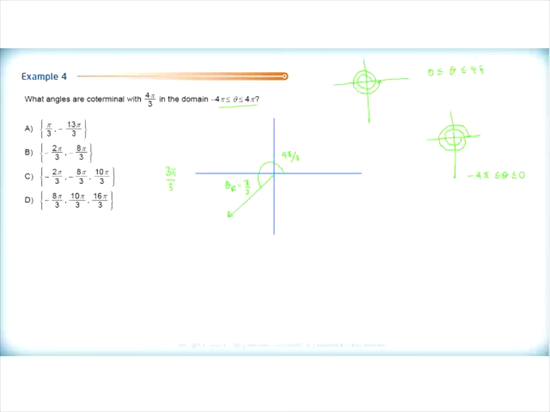You can see that there are going to be 4 answers here, I think. Okay, we see that they're only showing 3 answers, so we'll check and see what happens there. But we got a terminal arm located here. We got a terminal arm located here.